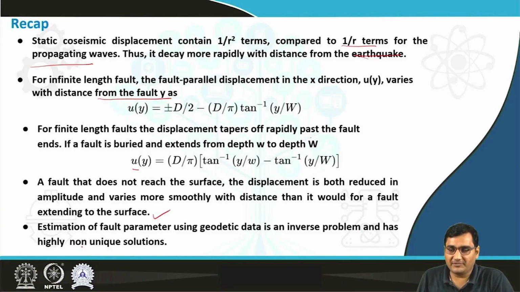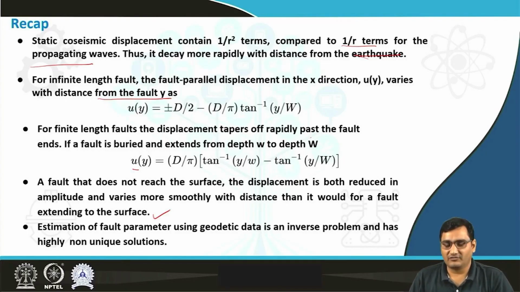Estimation of fault parameters using geodetic data is an inverse problem and has highly non-unique solutions. As we have discussed, geodetic data can be used to find the fault parameters and to identify the nodal planes, such as the fault plane and the auxiliary plane, which cannot be resolved using seismic data.